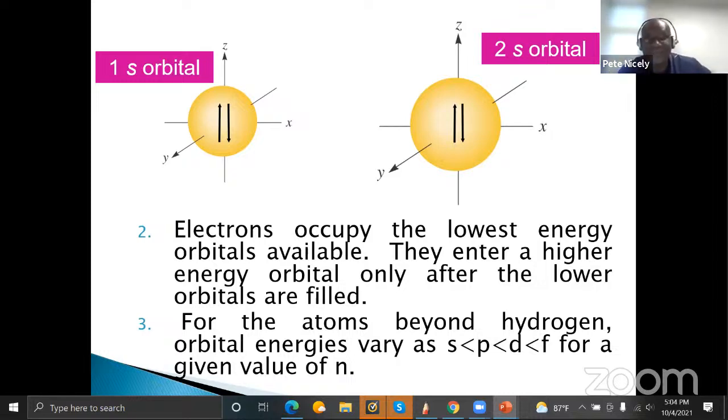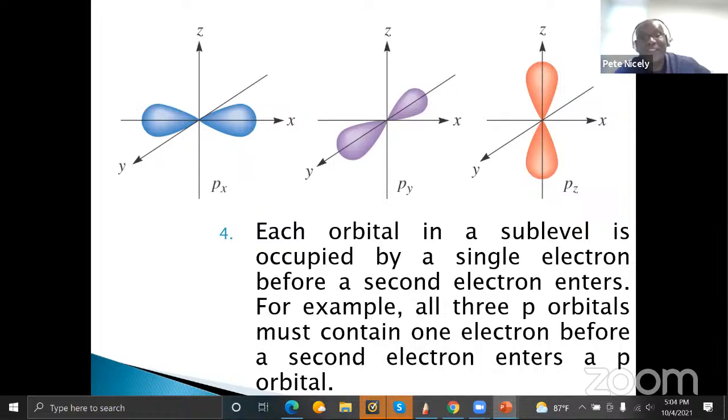The fourth guideline that we have to follow is that if you have more than one orbital in the same sublevel, the way you distribute the electrons is that you assign the electrons singly to each orbital first, and then if you have any more electrons to add, you start pairing them up.